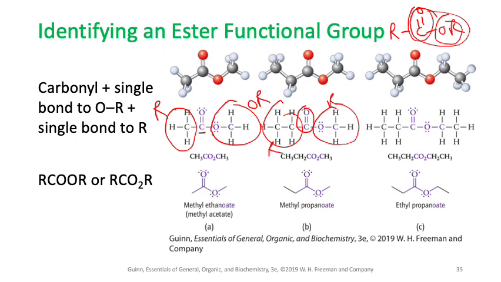So in the line angle formula, the skeletal line, you can see C double bond O, then OR. This is an ester group. Once you can identify an ester group easily, you can name the ester or do any chemical reaction with an ester. But first, the most important thing: can you identify the functional group in a given organic compound, whether it's a carboxylic acid, ester, amide, or alcohol? That's the only requirement right now.